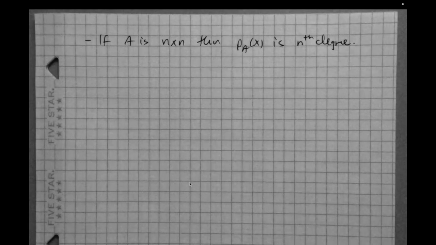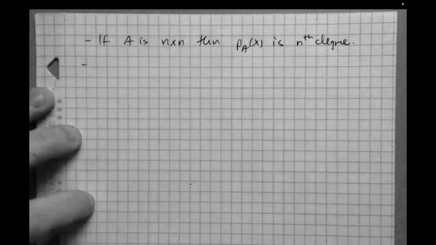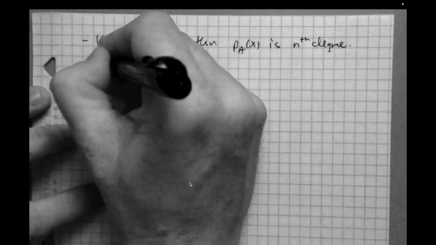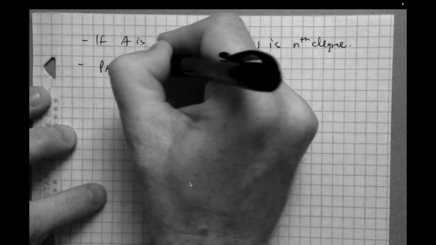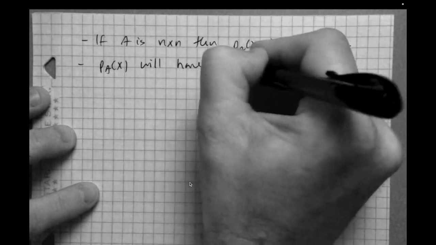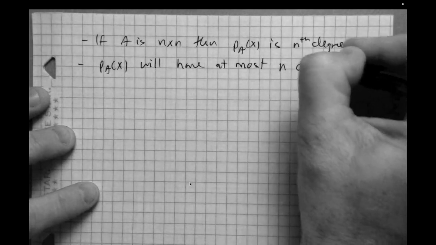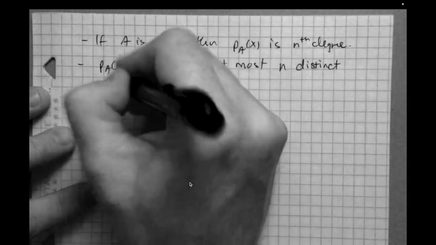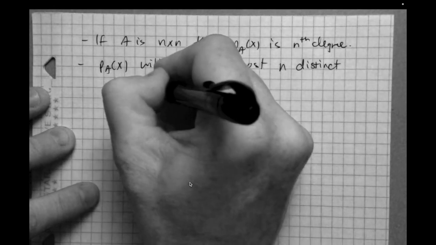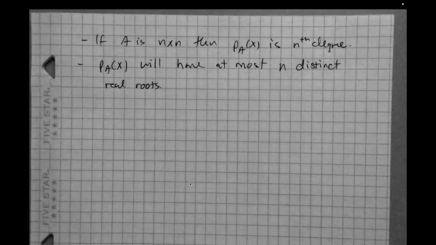And how many distinct roots will the characteristic polynomial have? Well, P of A will have at most n distinct real roots. Some of the roots may be complex roots. Those are not eigenvalues. Only the real roots are the eigenvalues.